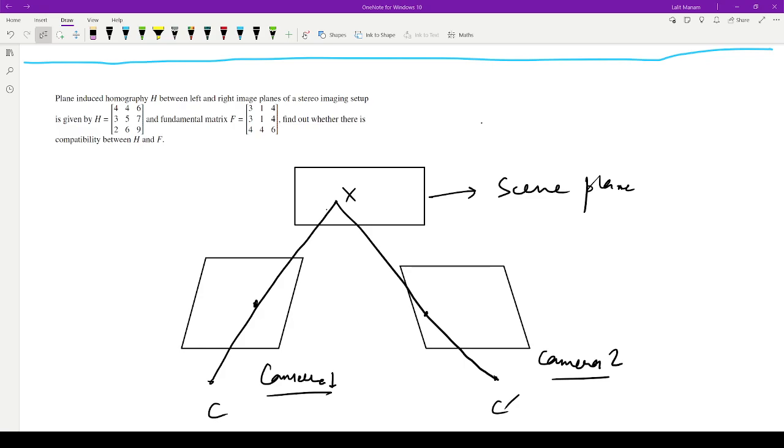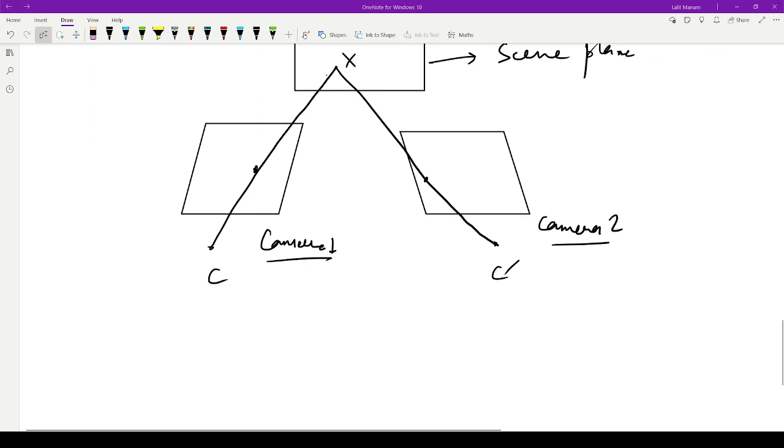Both of them should represent the same relations, right? What kind of relations can you get from the fundamental matrix? If I have a point x here and a point x prime here, what is the relation that the fundamental matrix gives us? We can map a point to an epipolar line. So if we use the fundamental matrix F, we get some line like this.